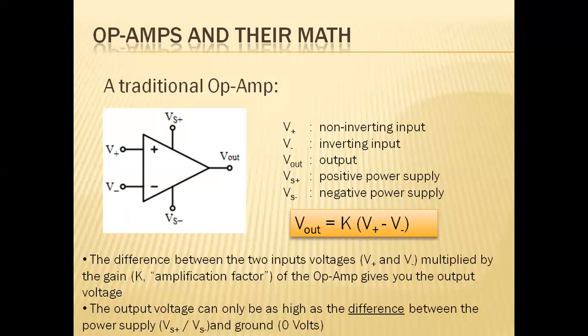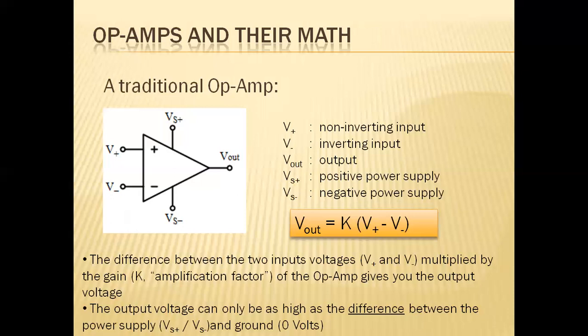Hence the output is K multiplied by the positive input minus the negative input, that is, the non-inverting input minus the inverting input.